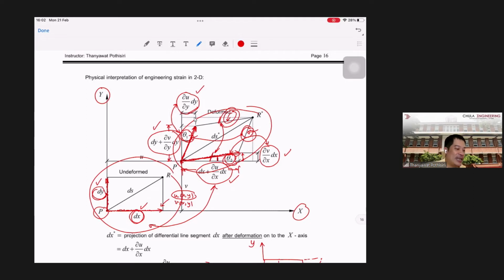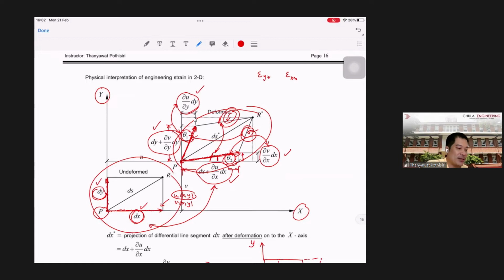All right. Now, what about other components? For example, epsilon yz or epsilon xz. Can we use this same interpretation to try to describe what's going on in those planes? The answer is yes.